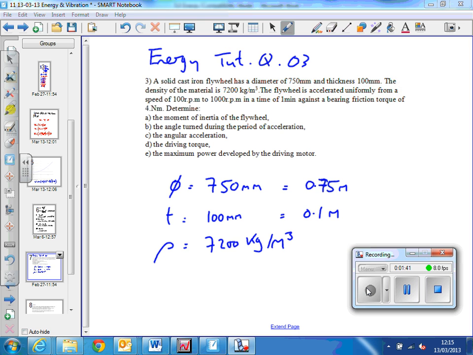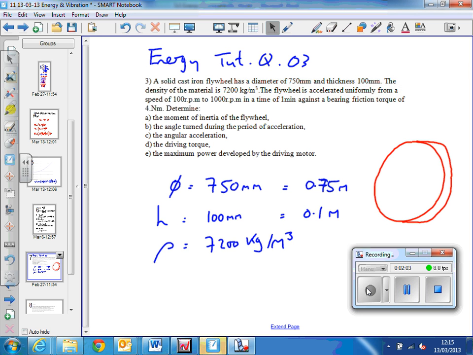T is for time, so maybe we're going to use H for height or something like that. We could draw this thing. We've got this flywheel and it's got a thickness, so we could actually write on what the thickness is.